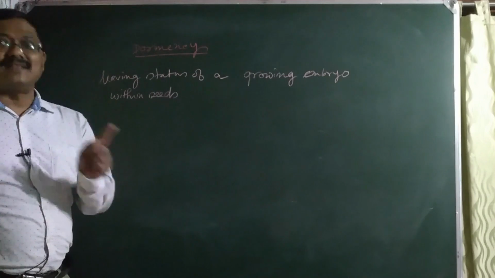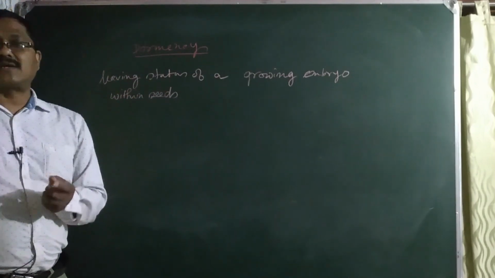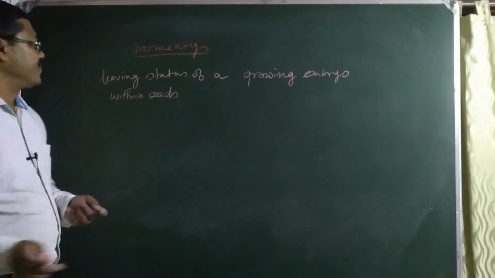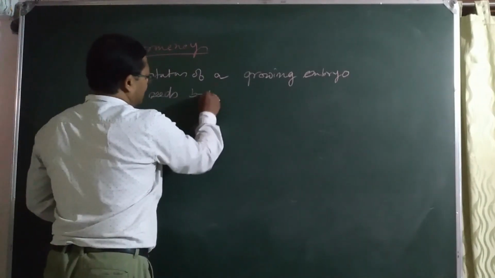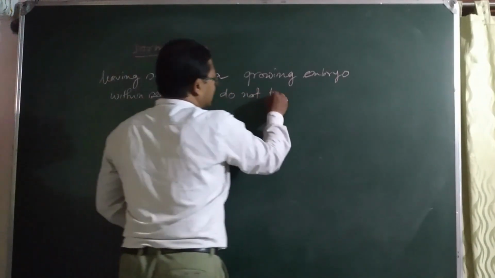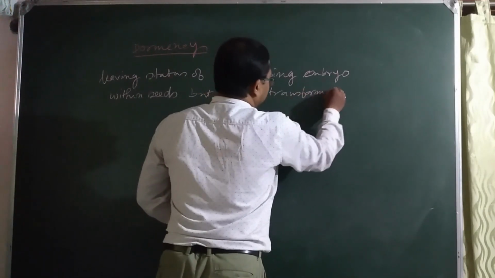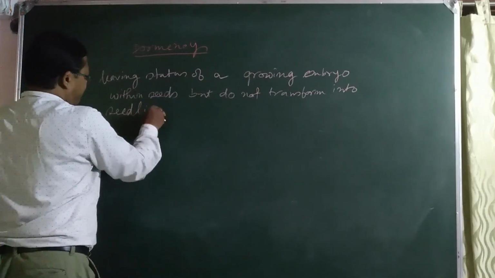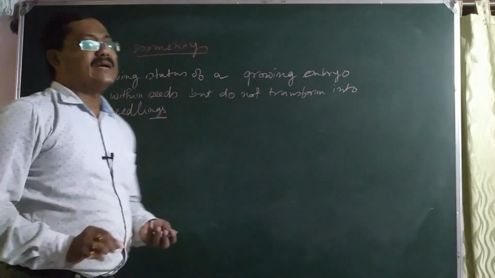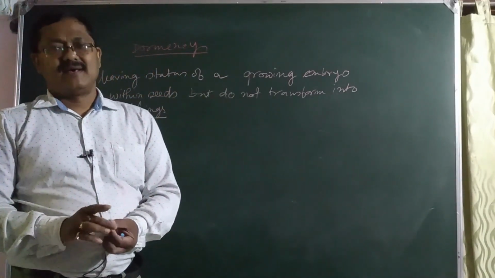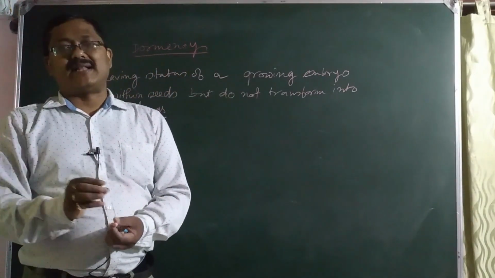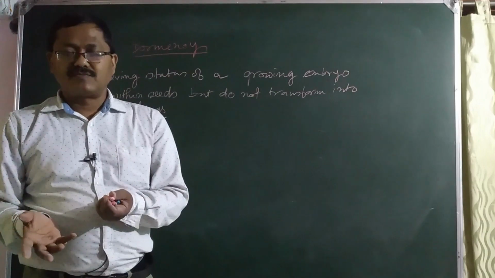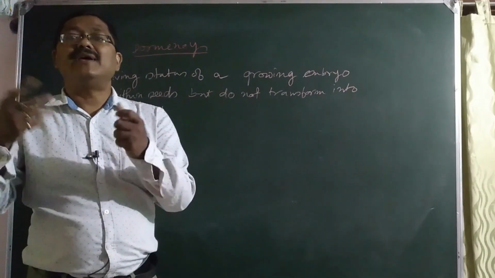But in this case, the embryo does not transform into a small seedling or grow into a plantlet. This is dormancy. Several chemicals are present in the seed. These chemicals prevent the bursting of the seed coat and the growing embryo from coming out.